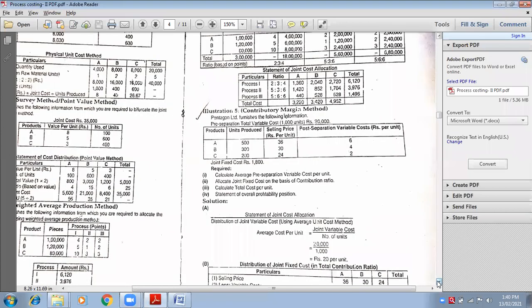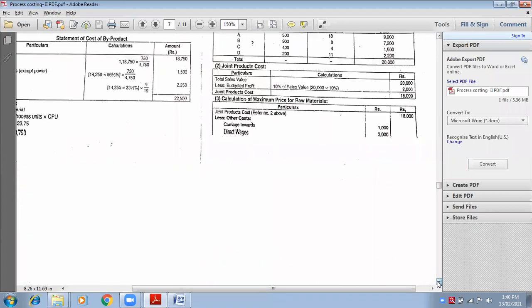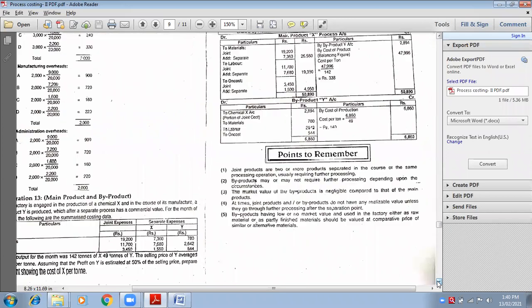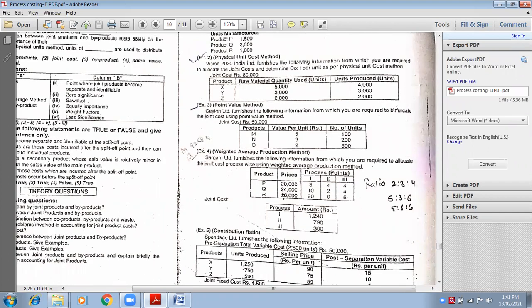Yes, ma'am. Okay, now same question, we might have it in unsolved questions. So let us just have a quick view. Yes, we have. So same way you have to solve this question also. See, Sargam Limited furnishes you the following information from which you are required to allocate the joint cost using weighted average cost method.